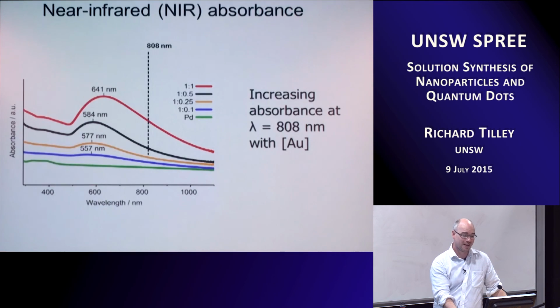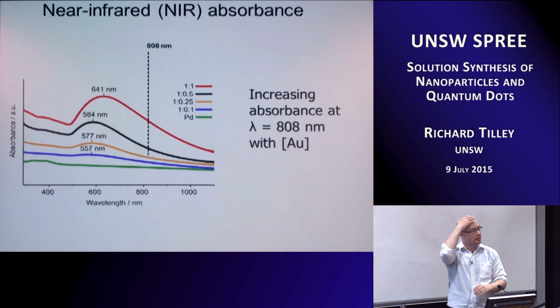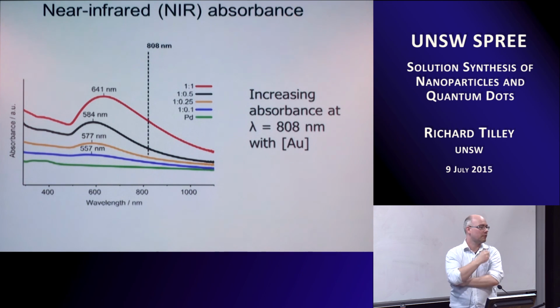So in that system we did manage to shift the plasmonic properties, but whether it was the shape or the interaction between the palladium and the gold, it could come from either factor. So it's something we've been toying with. We've got quite a nice facility for looking at the scattering or absorption, so it might be interesting. If you've still got some materials, it might be a nice thing to look at.